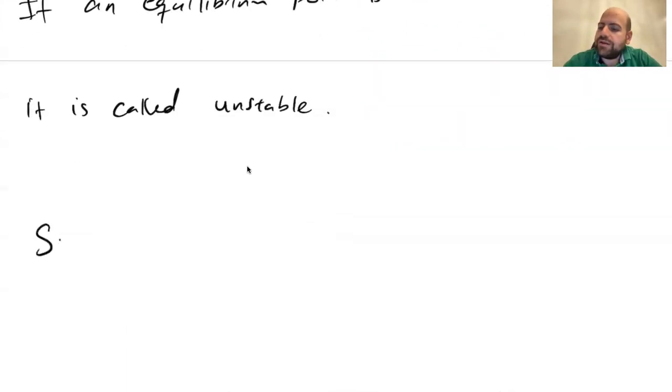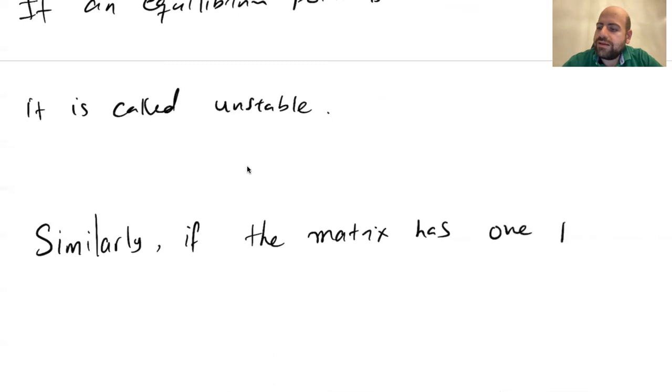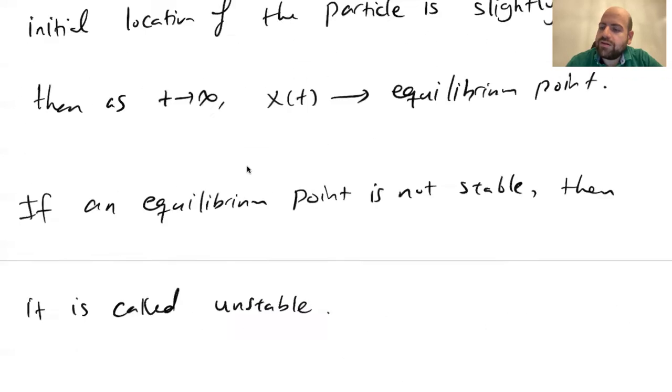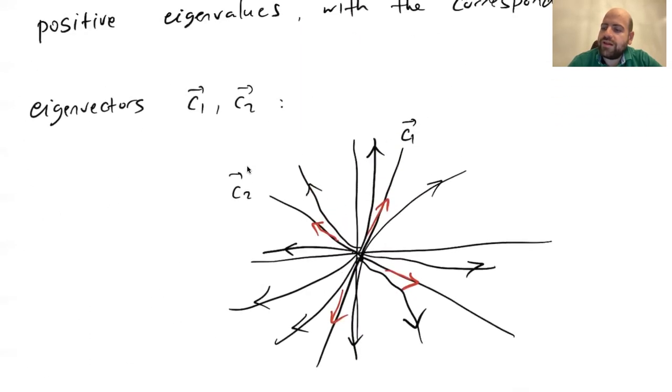Now, similarly, if the matrix has one positive and one negative eigenvalue. So previously we saw the case where the matrix has two positive eigenvalues. This would be the phase portrait.